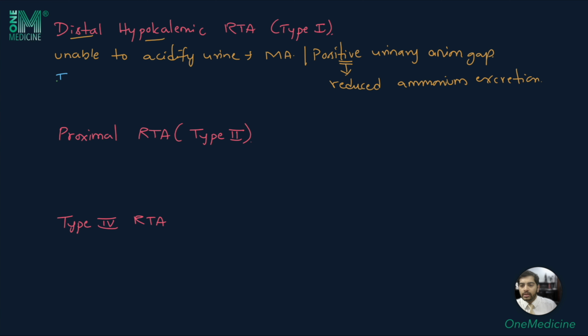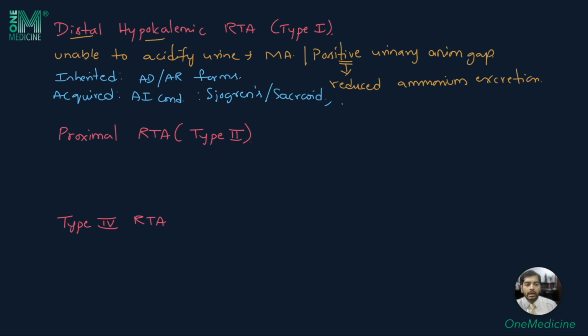The causes can be either inherited, usually in autosomal dominant or autosomal recessive forms, or it can be acquired due to autoimmune conditions such as Sjogren's or sarcoidosis. It can also be caused by urinary tract obstruction or amphotericin B therapy.